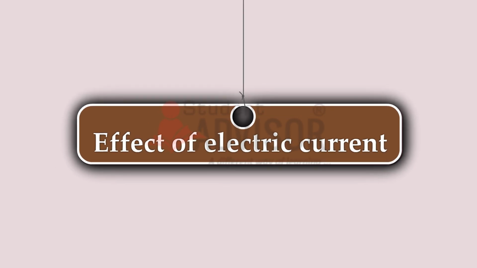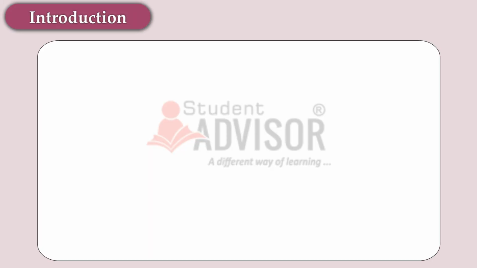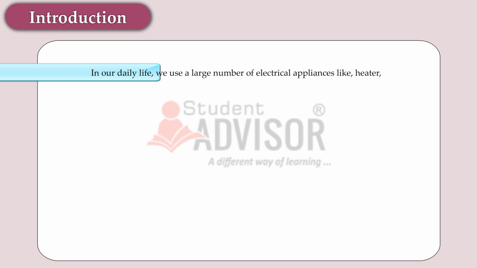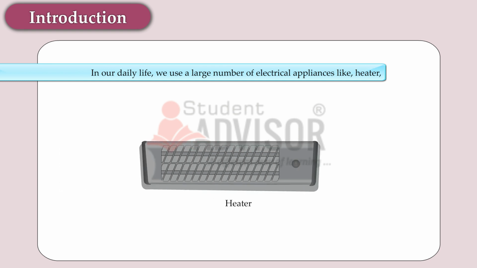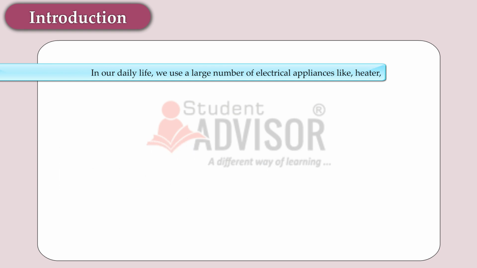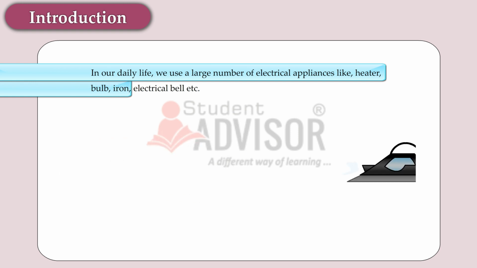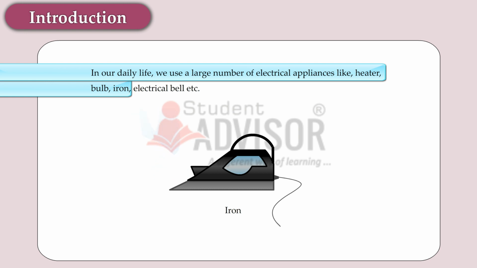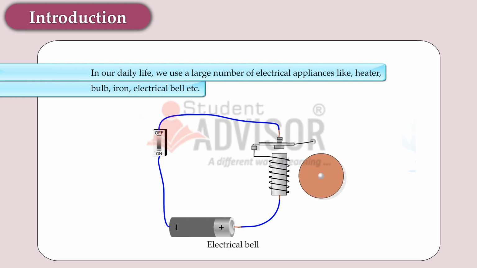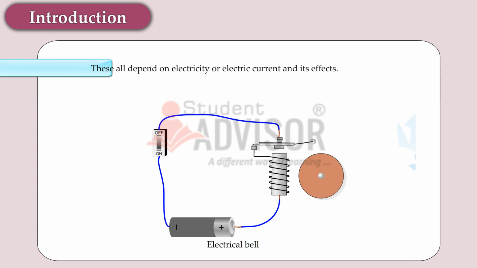Effect of electric current. Introduction. In our daily life, we use a large number of electrical appliances like heater, bulb, iron, electrical bill, etc. These all depend on electricity or electric current and its effects.